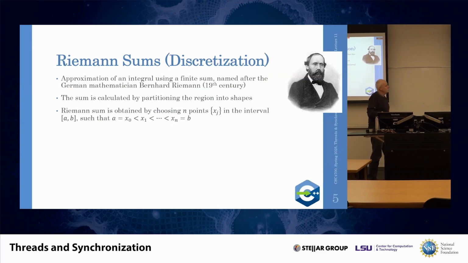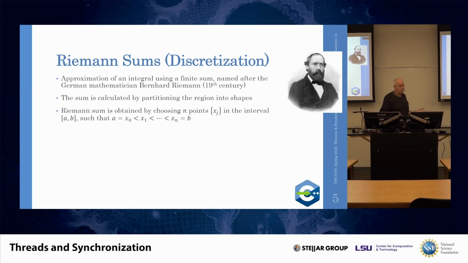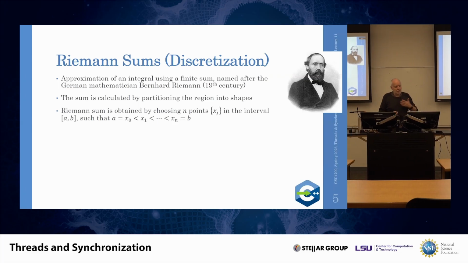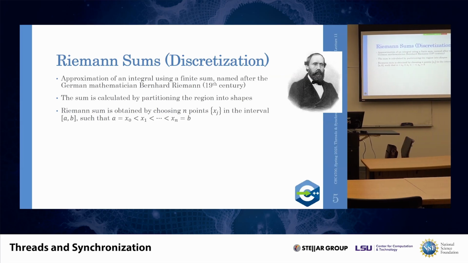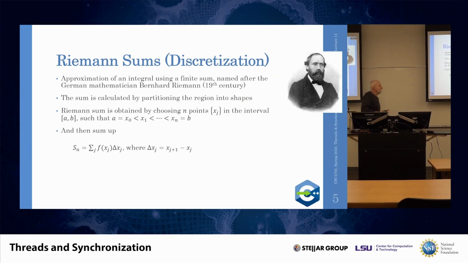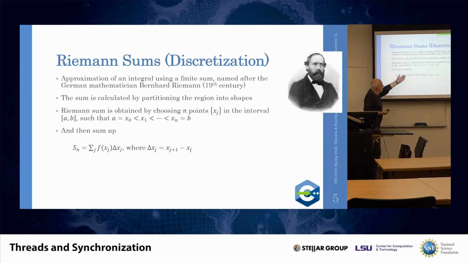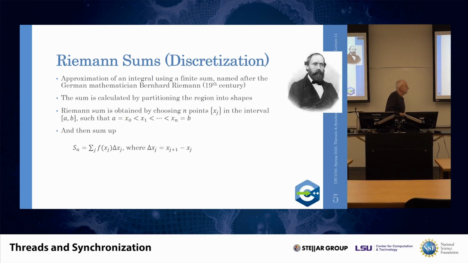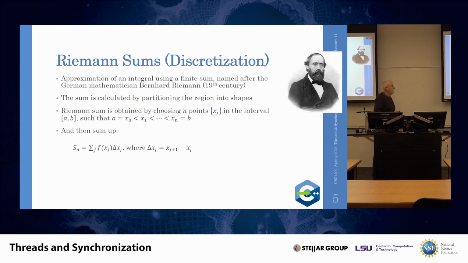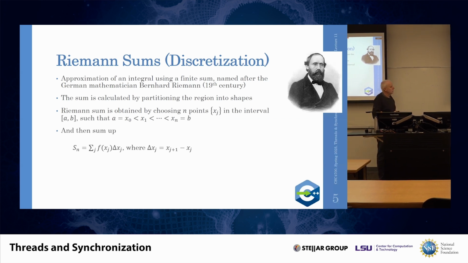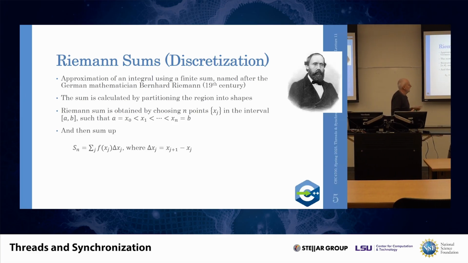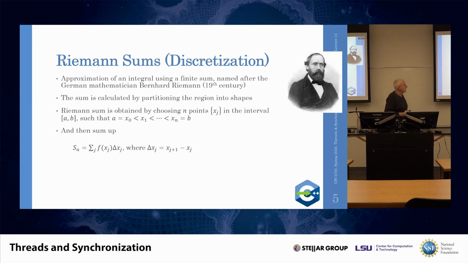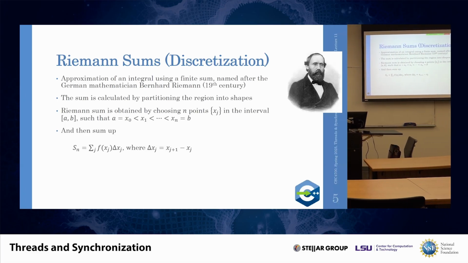A Riemann sum is obtained by choosing points between a and b on the x-axis, where the points are increasing, so they are strictly ordered. Then if we take the sum of the values of our function f at the points x0 to xn and multiply that by the distance between neighboring x values, we get an approximation of that integral.